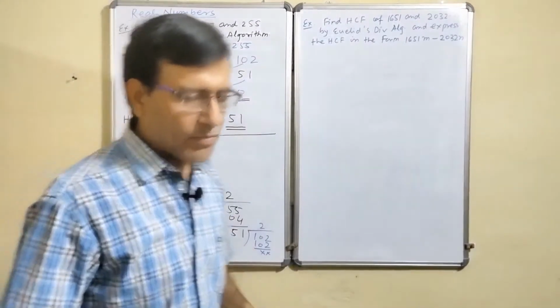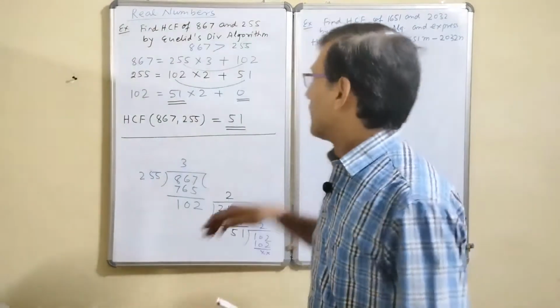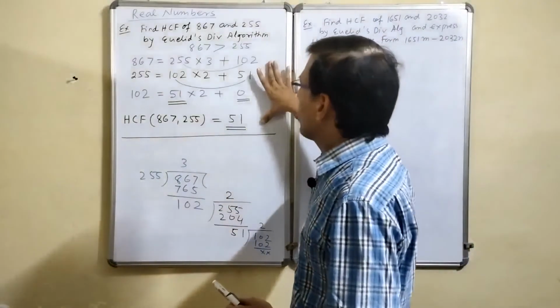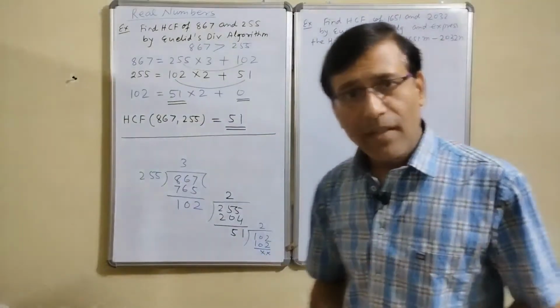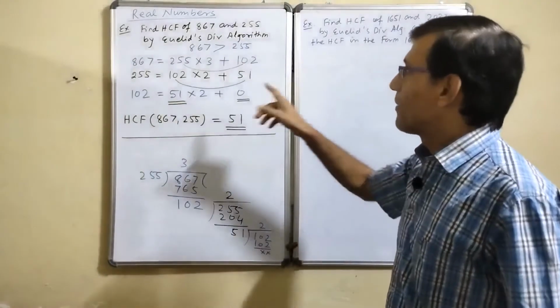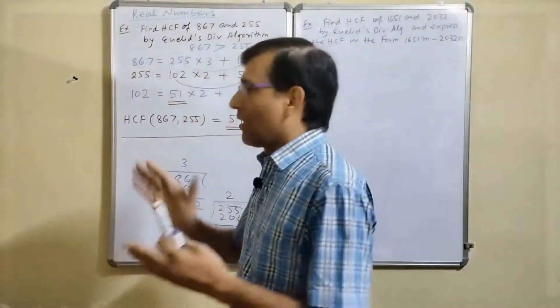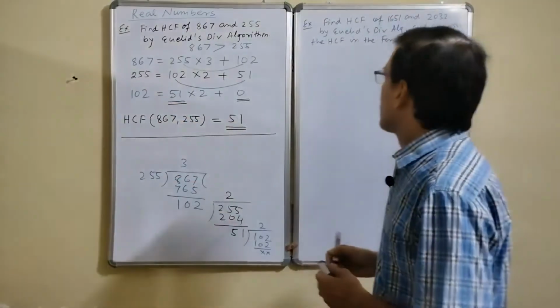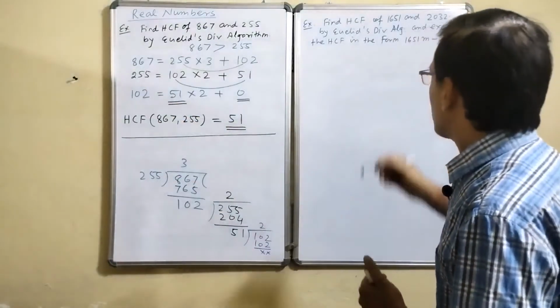Now let us perform another type of question. After finding out HCF, we can express it in the form of A and B. So for this purpose, we'll take one more example.